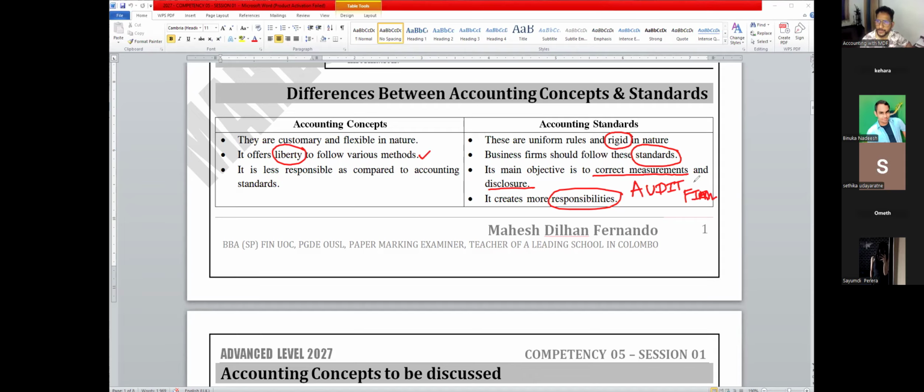This is what they do there. They check whether that entity has followed the accounting standards, not the concepts, the standards. So following a standard is a responsibility. Remember that. So these are the differences between accounting concepts and standards.